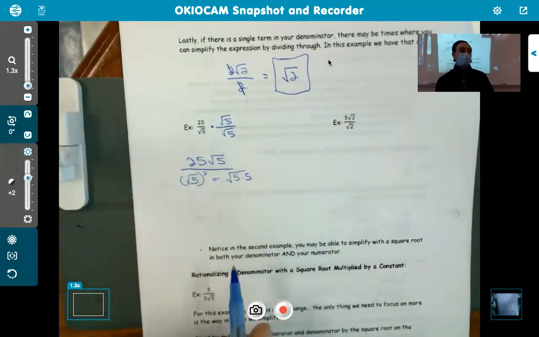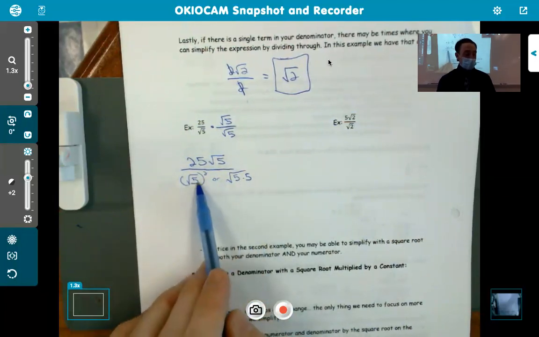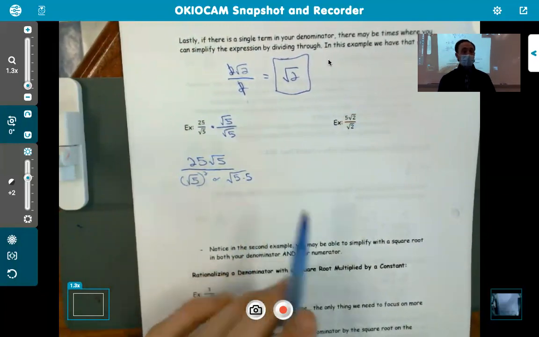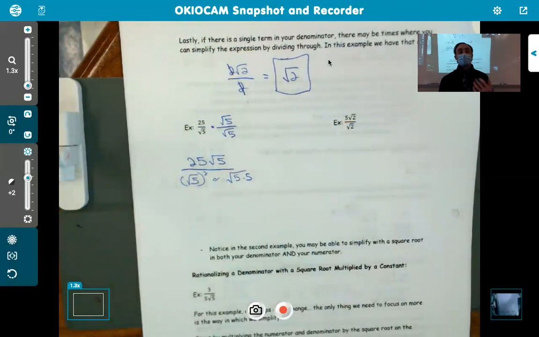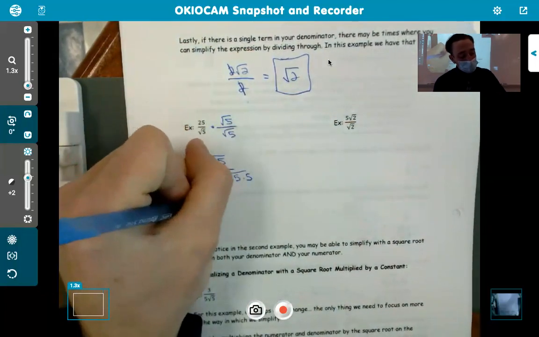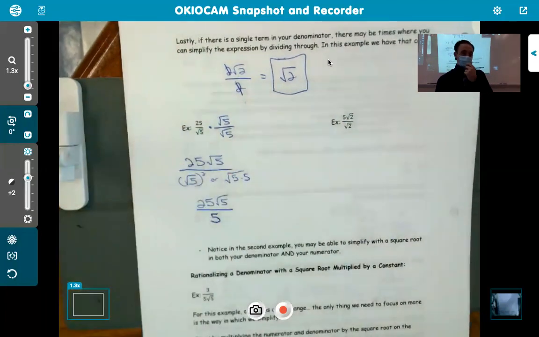What's left over? 5, right? Because square root of 5 squared just gives you 5. Or if you do the square root of 5 times 5, which is the square root of 25, which is 5. So like I said, either way that you think about it, you should get the same thing. All right.